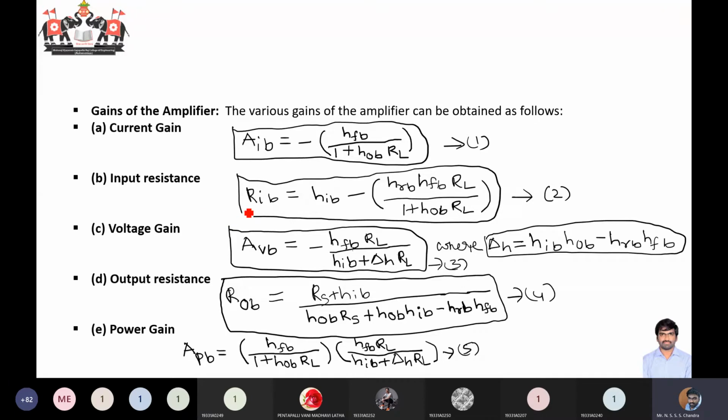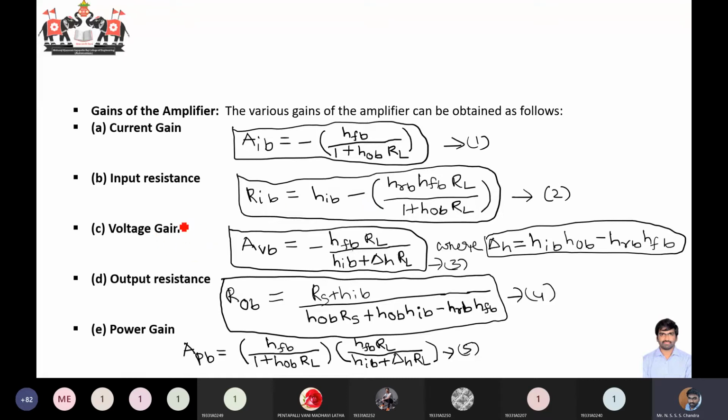AVB is equal to AVE we obtained, minus HF into RL by HIE plus delta H into RL. Now here, instead of E we will be replacing with B, where delta H is nothing but HIB into HOB minus HRB into HFB. So this entire thing I think we have written in the last class itself.